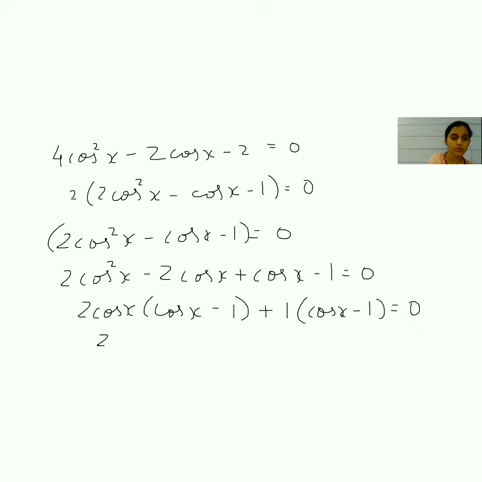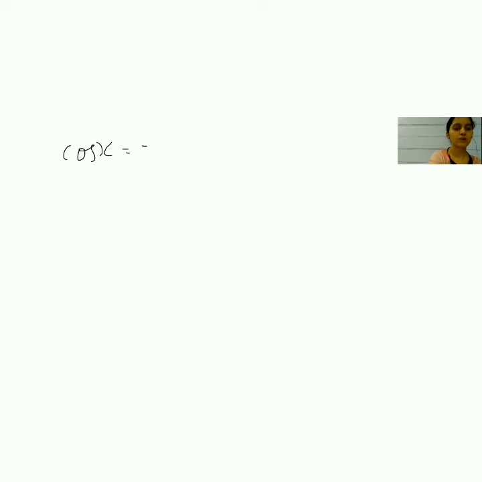So the two factors are 2 cos x plus 1 and cos x minus 1 equal to 0. We equate them to 0 and see what factors we get. So we get cos x equal to minus half, or cos x is equal to 1.